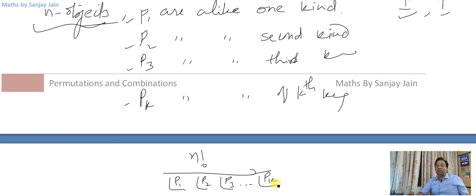So I have to divide by these p1 factorial, p2 factorial just to take care of the overcounting that would happen if I don't do that. I hope I've been able to explain this to you.